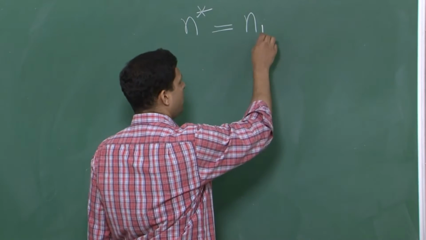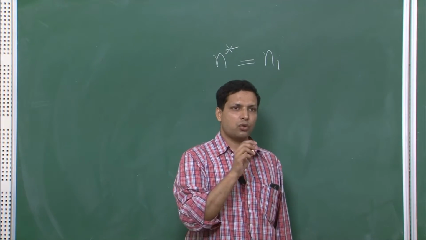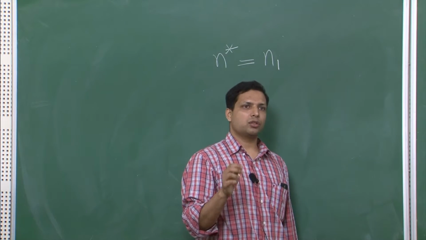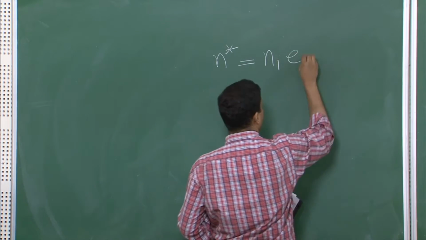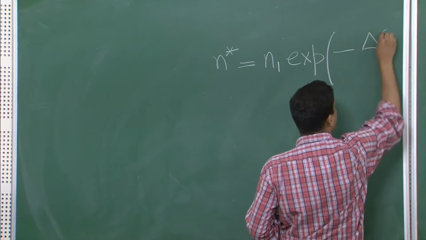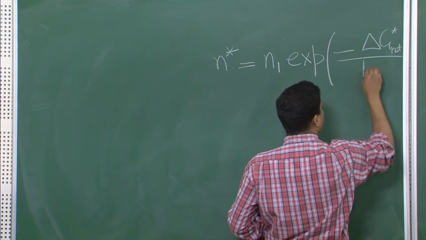Here we are using the term n1. n1 represents the number of atoms which are close to those heterogeneous sites. For example, if we are talking about the mold, the number of atoms close to the mold, and then we will have the exponential term minus delta G star heterogeneous over KT.